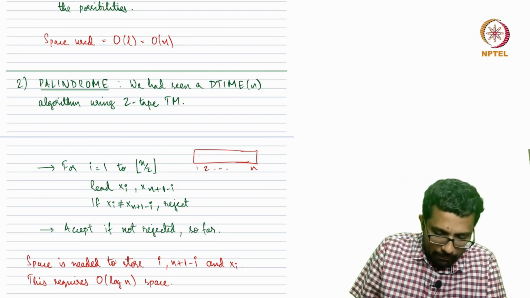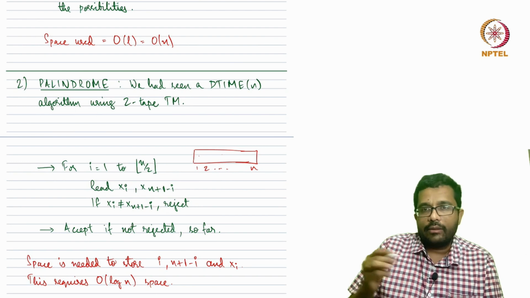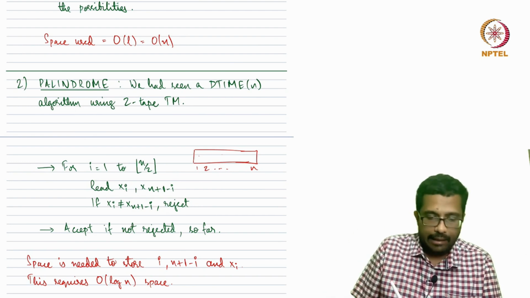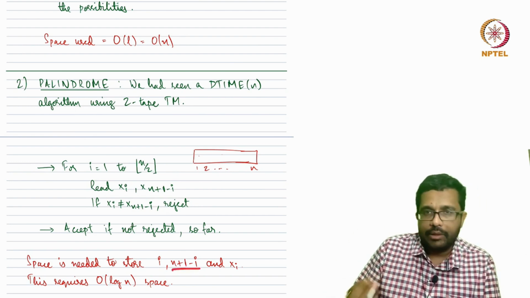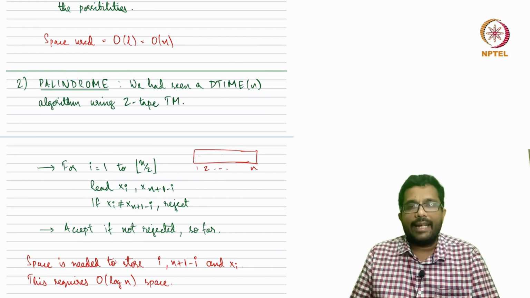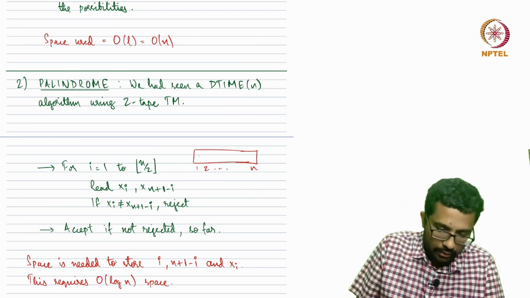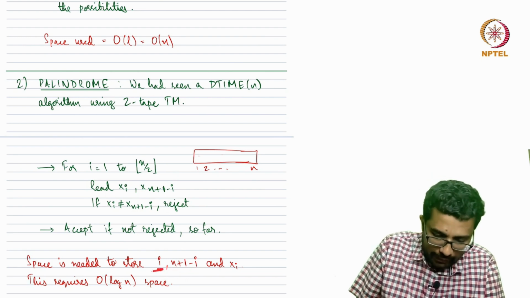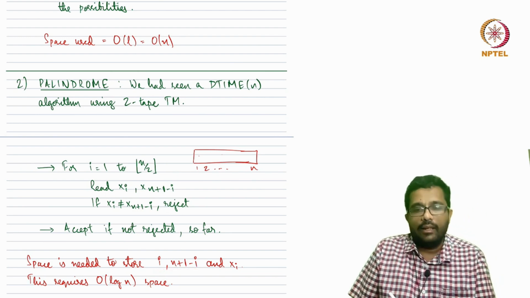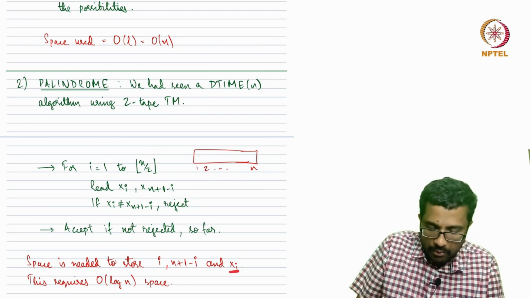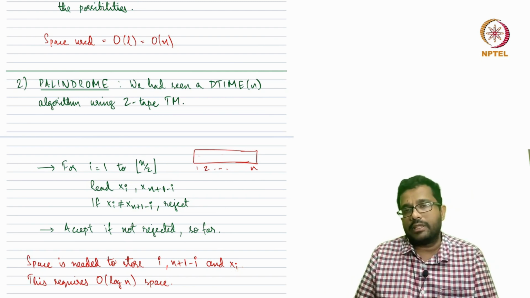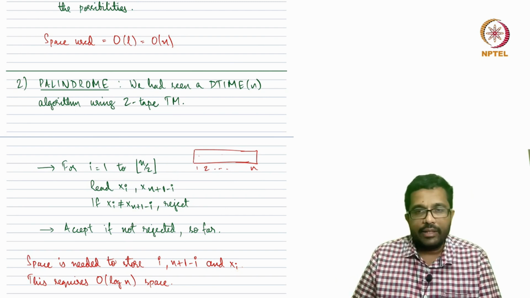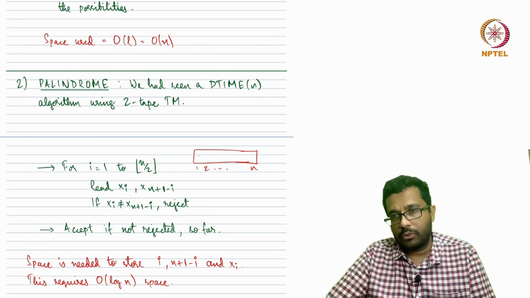So i is a number bounded from 1 to n, right? n plus 1 minus i is also in the range 1 to n. So all we need is log n bits to store i and n plus 1 minus i. And xi is a symbol, so it depends on the alphabet size. If it is binary, we just need 1 bit. If it is decimal, you may need 4 bits to store xi.